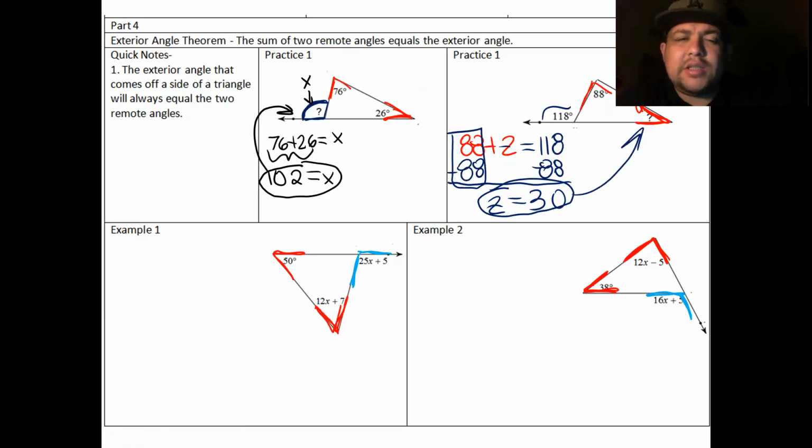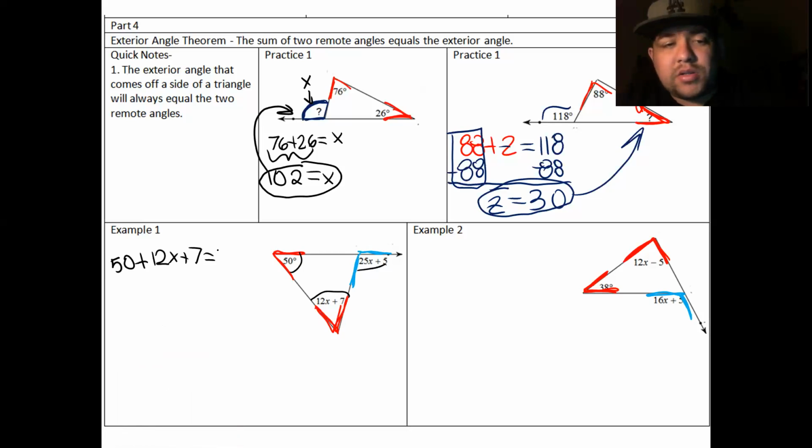So looking at these, I'm going to add the 50 and this 12x plus 7. So 50 plus 12x plus 7 is equal to the remote part, so 25x plus 5. This is a little bit harder because you guys have to be able to do the problem solving.